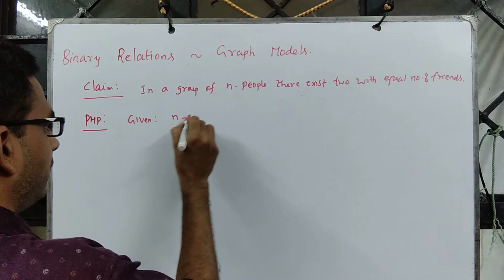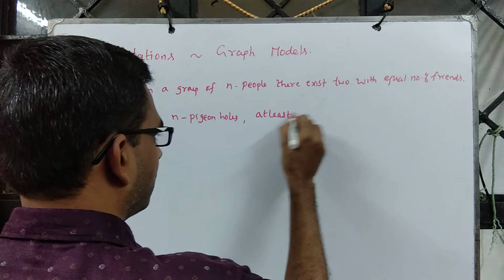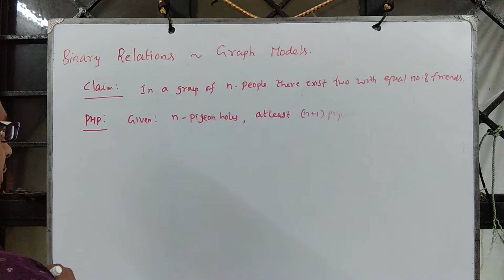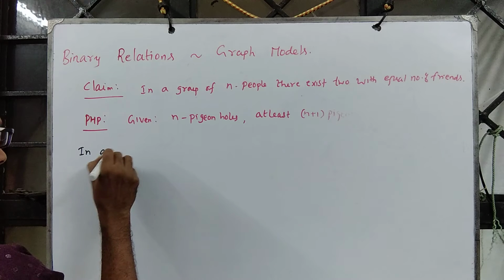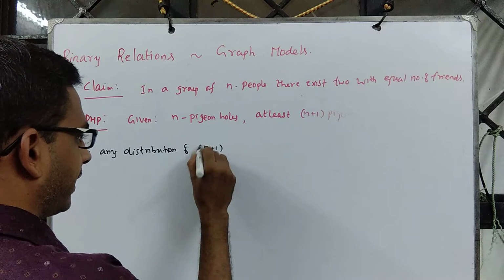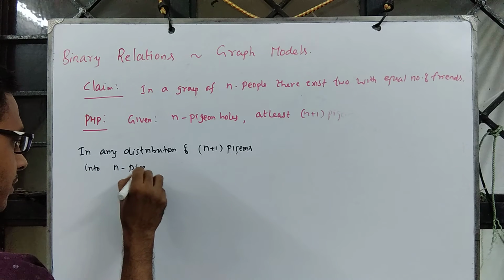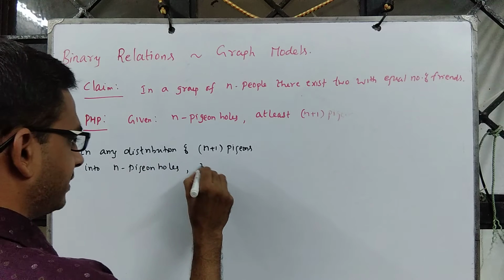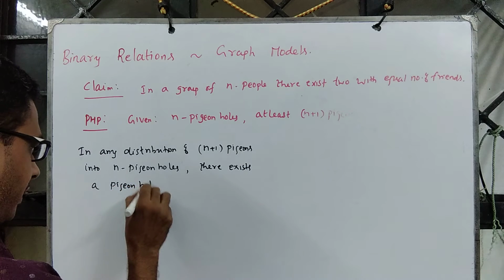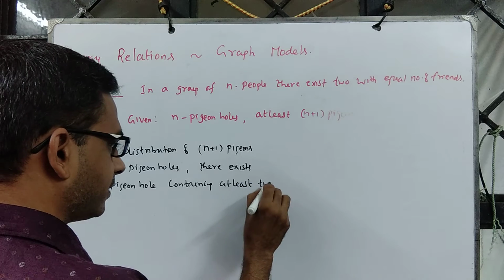Given n pigeonholes and at least n plus 1 pigeons, the principle says the following: in any distribution of n plus 1 pigeons into n pigeonholes, there exists a pigeonhole containing at least 2 pigeons.